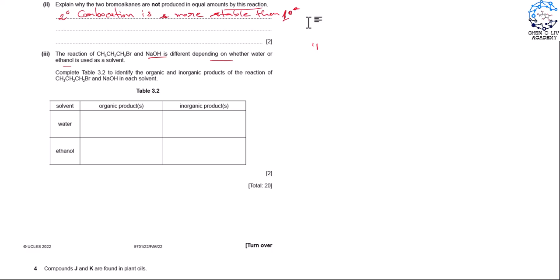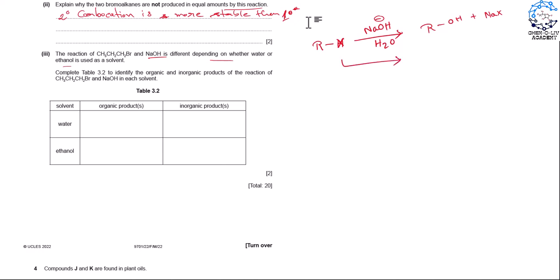The reaction of RX in presence of sodium hydroxide, but the solvent matters here. If you are using water, this X is going to be replaced by OH minus, a nucleophile. An SN reaction, a nucleophilic substitution, is going to happen. So ROH is going to form, and along with that NaX.